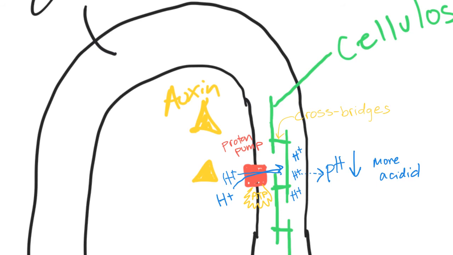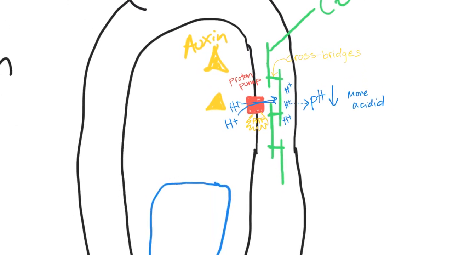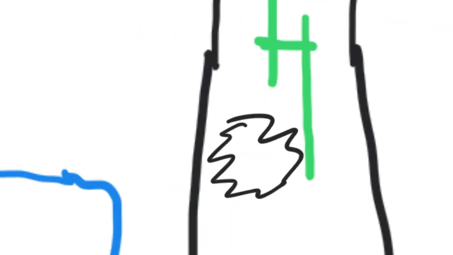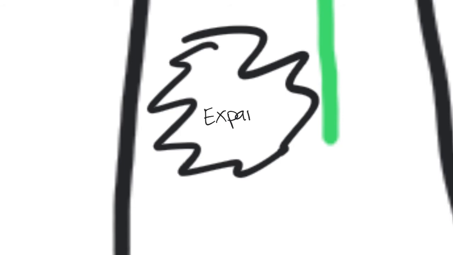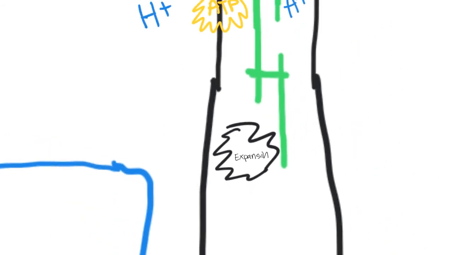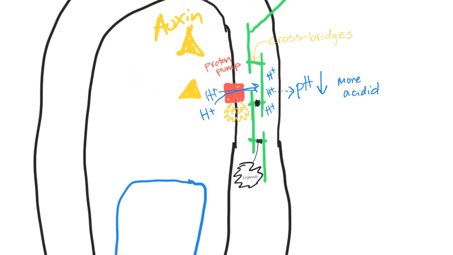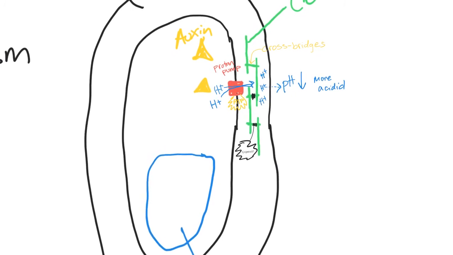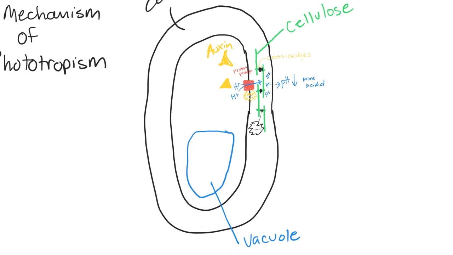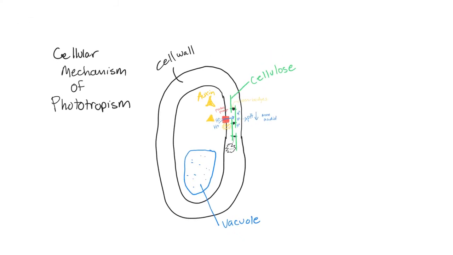This is the signal for another enzyme called expansin to cut these cross bridges. Okay, but now that those cross bridges are cut, the pressure due to solute pressure causes the cell to grow.